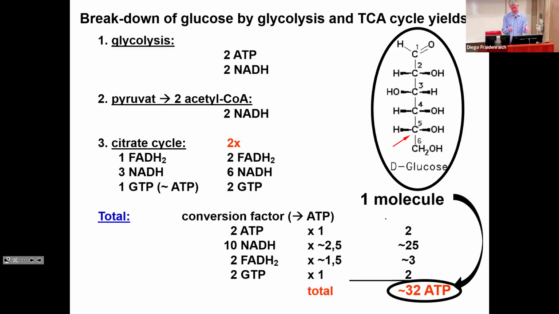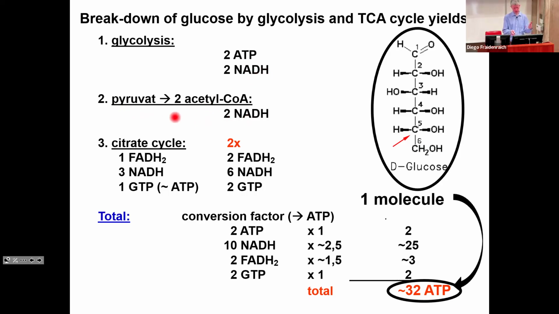There are four ATPs generated, but two ATPs are used, so the net outcome would be just two ATP. The same with two electron transferring units, this NADH would be generated.